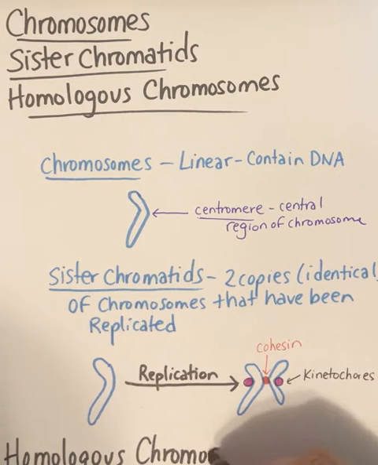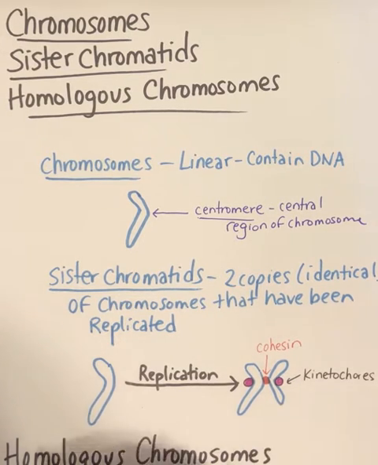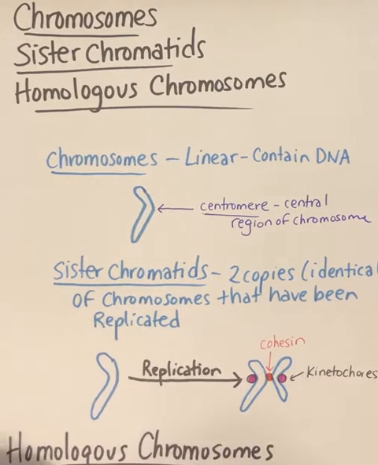Homologous chromosomes are copies of your chromosomes that come from your mom and dad that have the same genetic material, and they basically pair up. Our body cells, particularly, are going to have 26 chromosomes that come from our mom and 26 chromosomes that come from our dad, and they pair up.